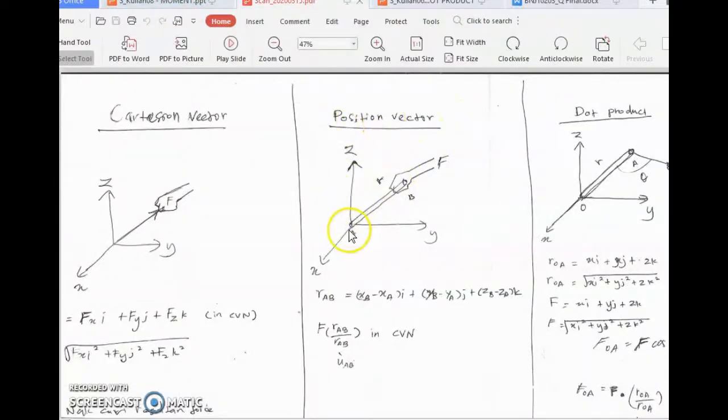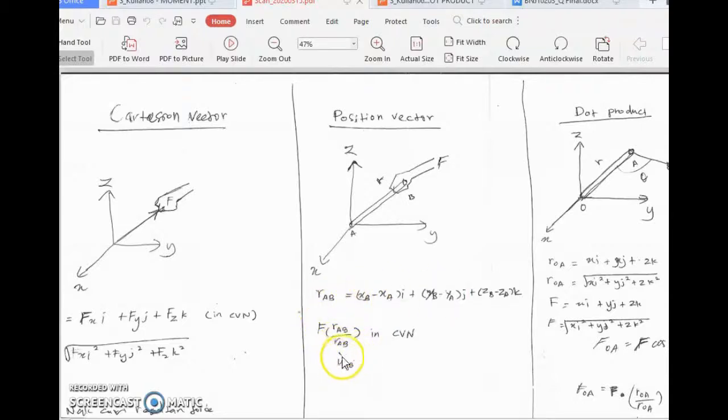First find the position vector, and you will get the Cartesian vector form of R, and then find the unit vector of R by dividing the vector by the magnitude of R.